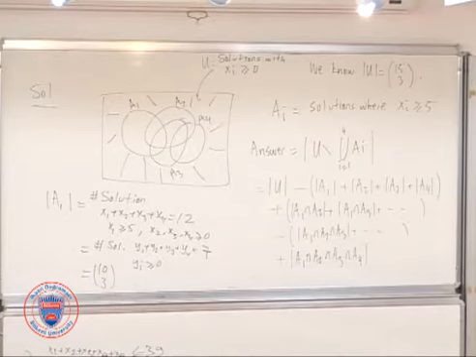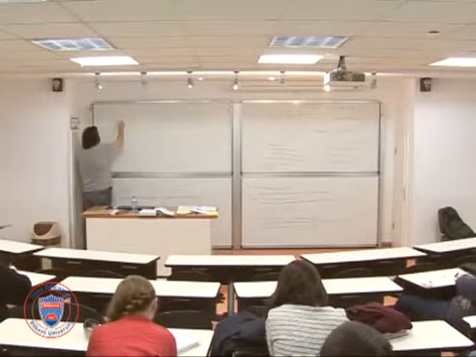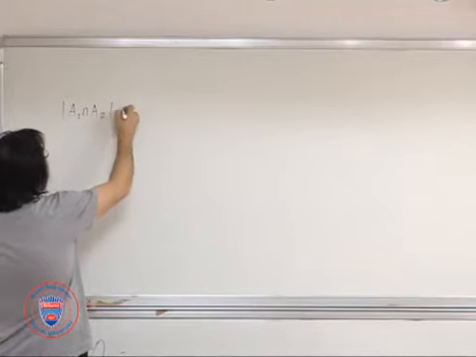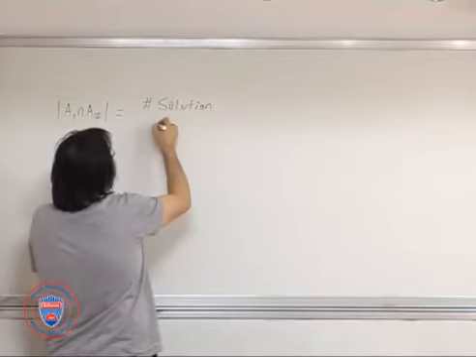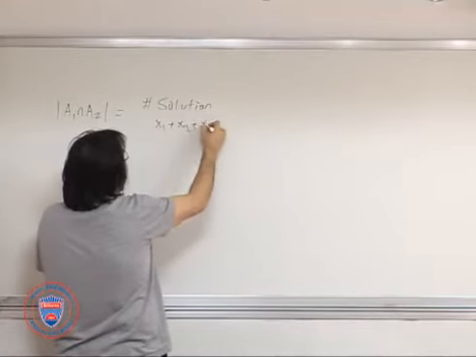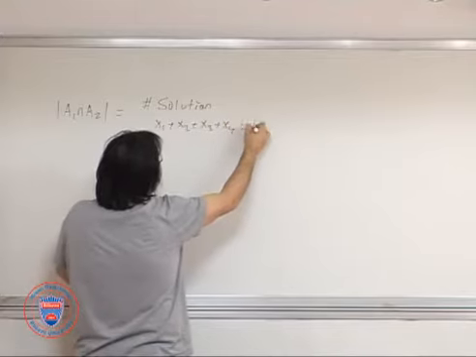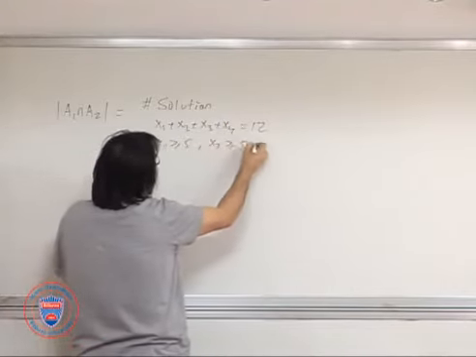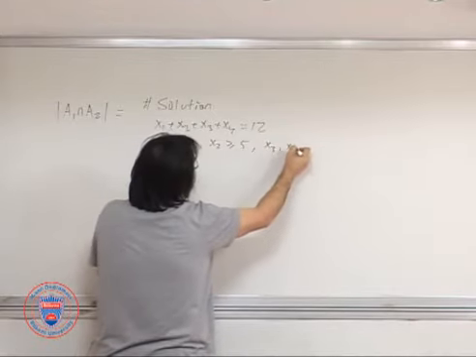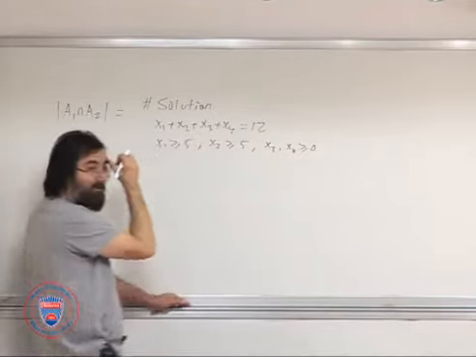You can also calculate the intersections. Say you calculate the intersection of A1 and A2. This is the number of solutions to this equation with x1 bigger or equal to 5, x2 bigger or equal to 5, where x3, x4 are just bigger or equal to 0. No restrictions.